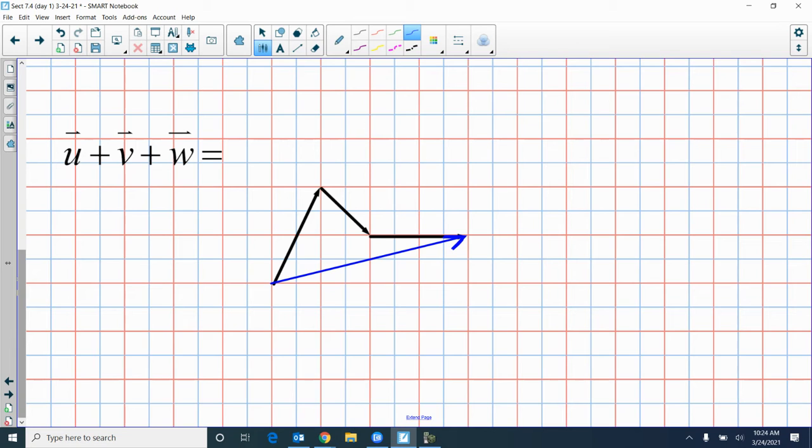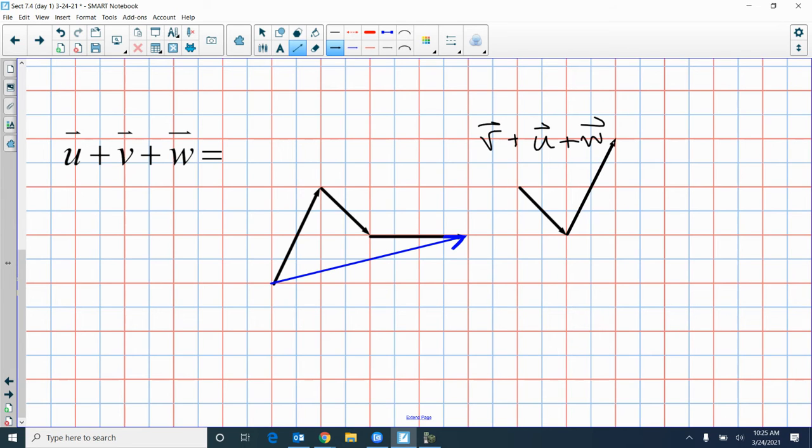Now you can also switch the order. Take a look here. What does V plus U plus W, I think is how I want to do it. It's got to be the same, but I want to just show you. V, where's that at? That's going to go down here, and then U goes up over here, and then W goes here. Now think about here.